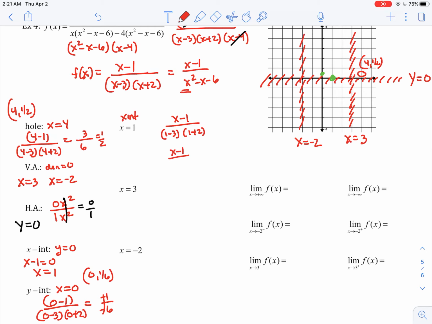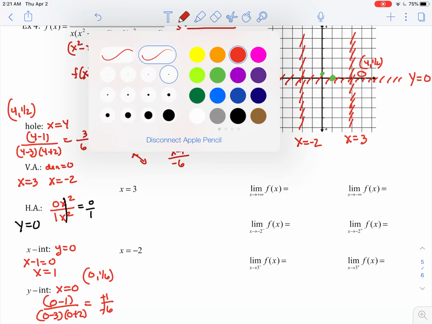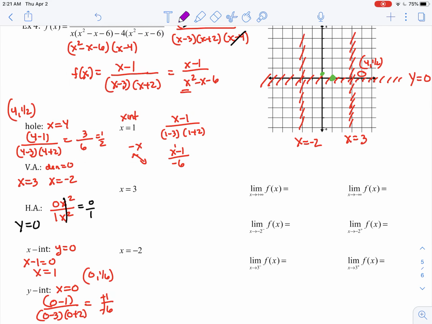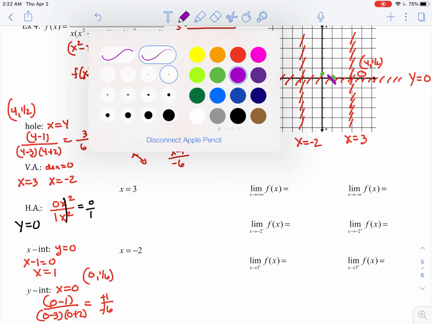And so we are going to get that behavior of x minus 1 over a negative 2 times 3, which is a negative 6. So basically it's an x to the first. It is a linear with a negative coefficient. So our behavior as we approach that x-intercept is going to be similar to a negative sloped line. So it should be coming down. And so as we approach x equal to 1, our graph should be coming down in a negative slope line format there.